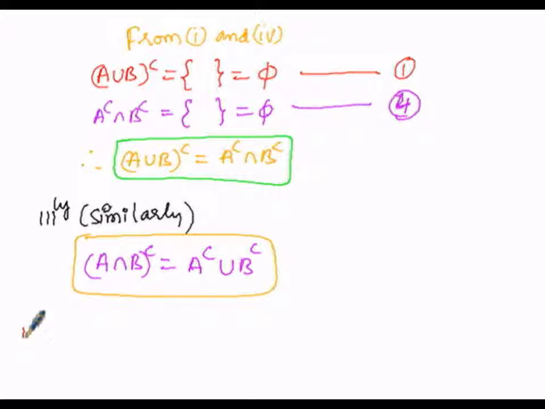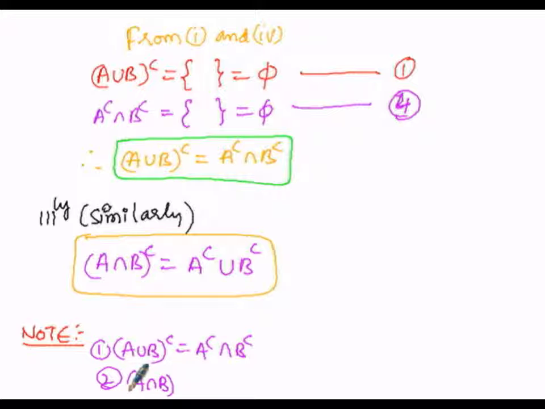So note that in this manner we got the first one as A union B whole complement equals A complement intersection B complement, and the second one as A intersection B whole complement equals A complement union B complement.